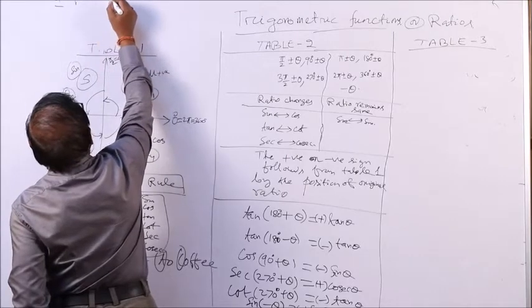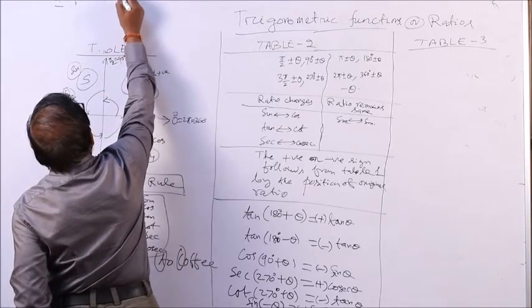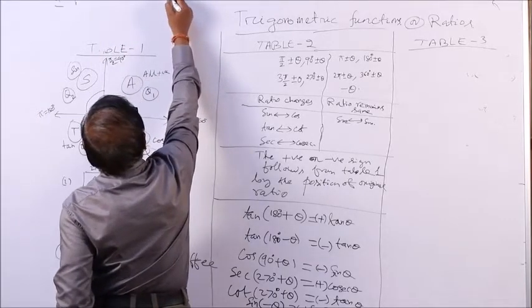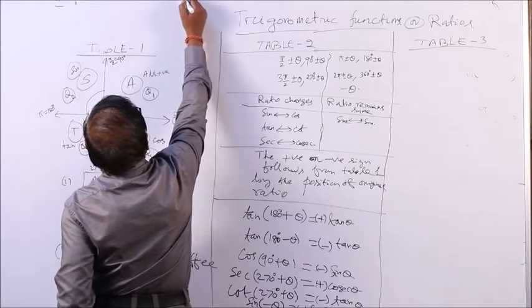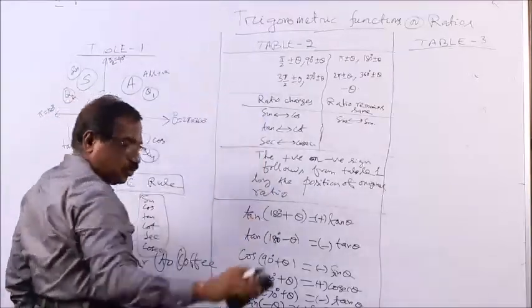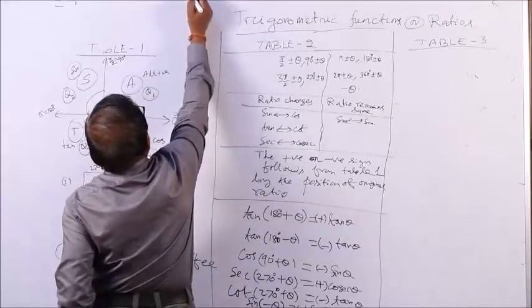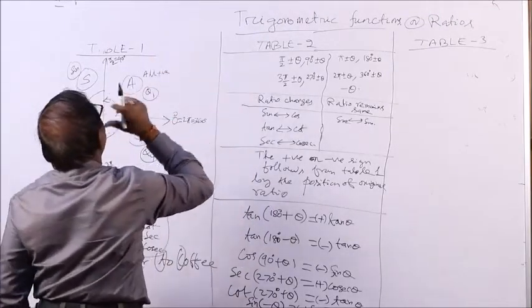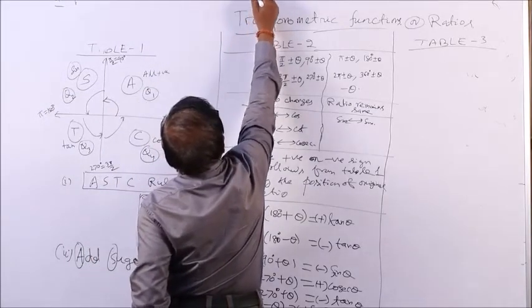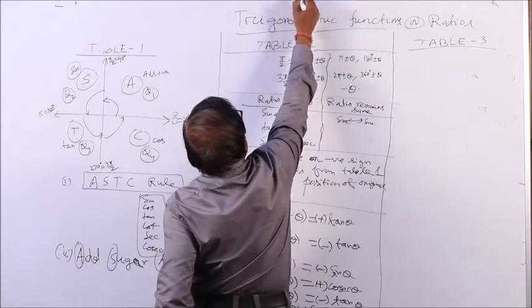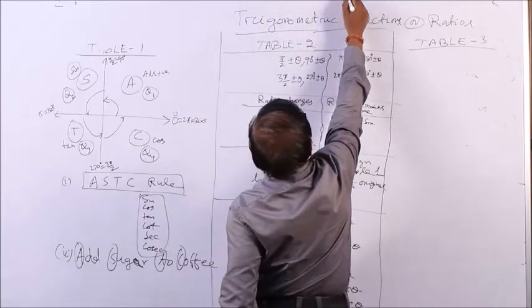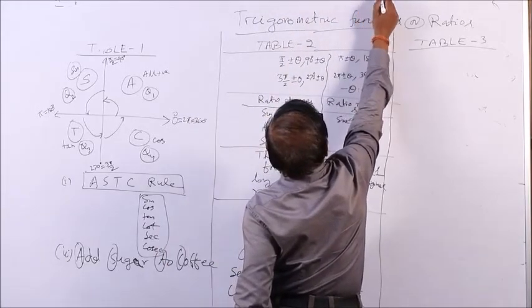Find the value of cos 1140 degrees, and in which quadrant it is present.